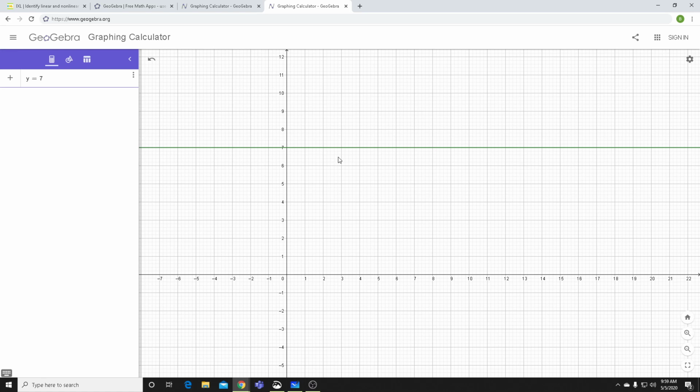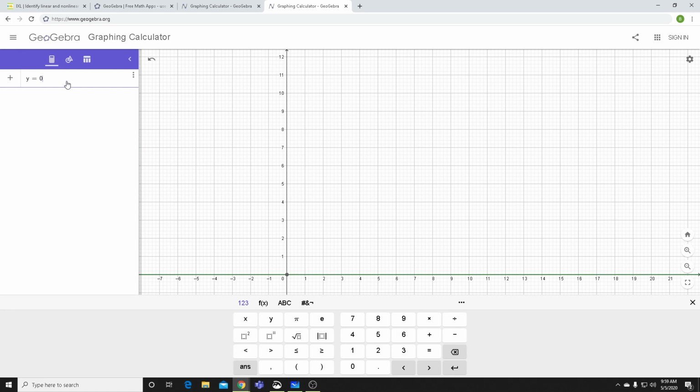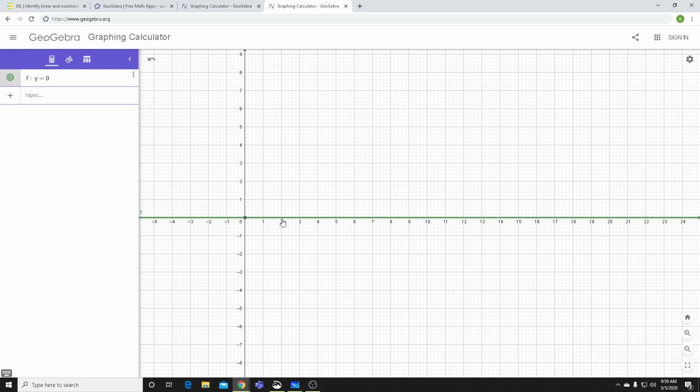And notice that this is a straight line as well. So this would actually be a linear graph as well. I think the IXL said y equals 0. Well, that's just along the x-axis here. So that's fine. That's another type of linear equation. Obviously a very simple one. This is just all the points on the graph where y is equal to 0.